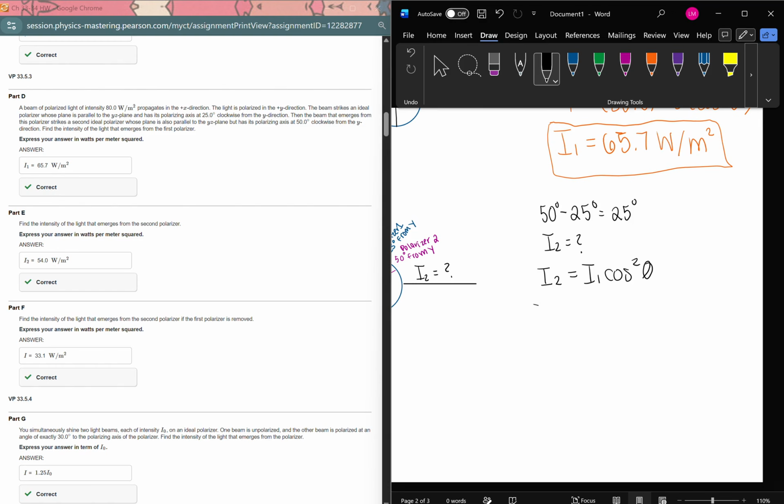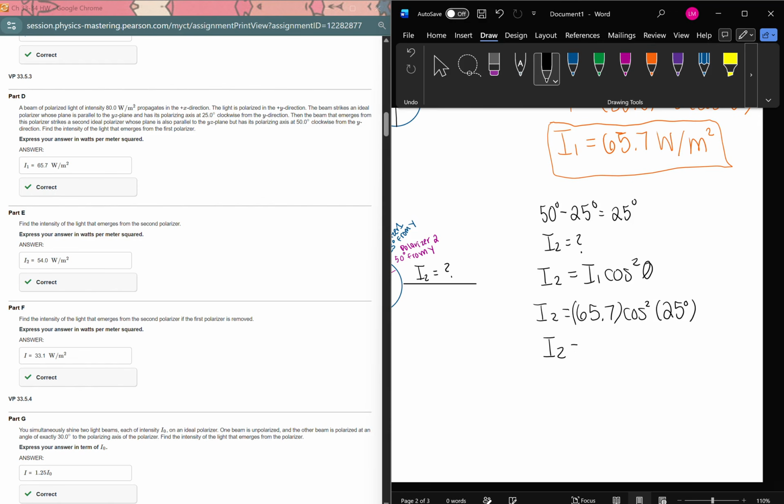I'll substitute everything. 65.7, and it's going to be 25 degrees. Okay. So let me put that in my calculator. And I got 53.96.